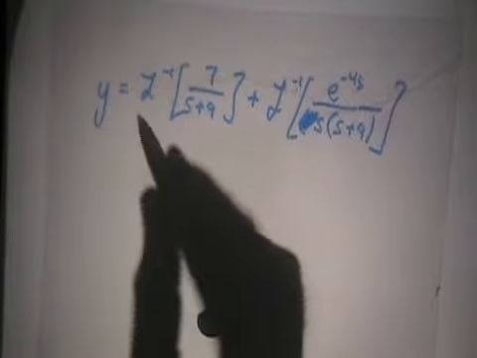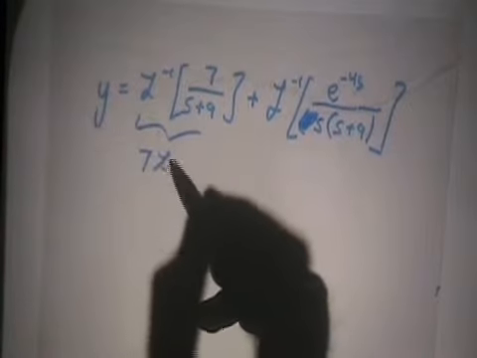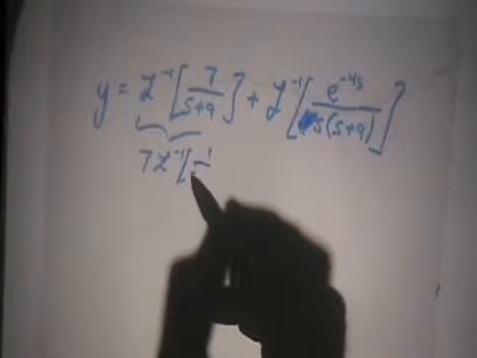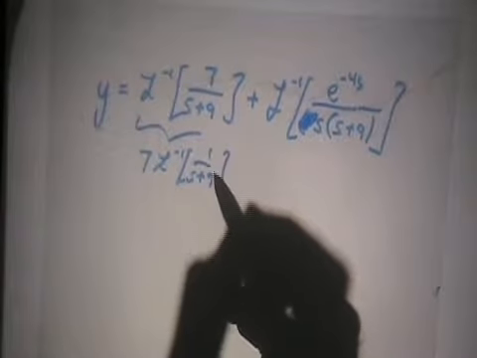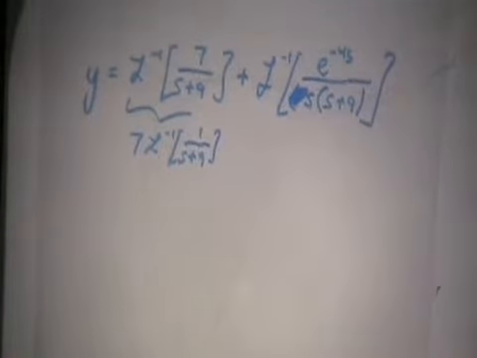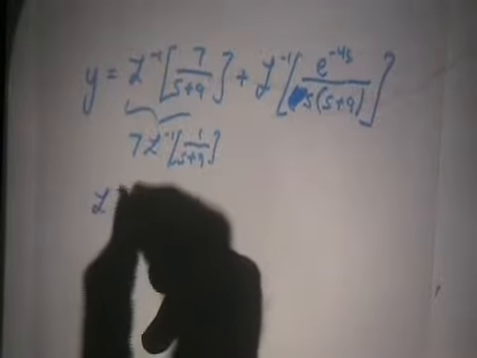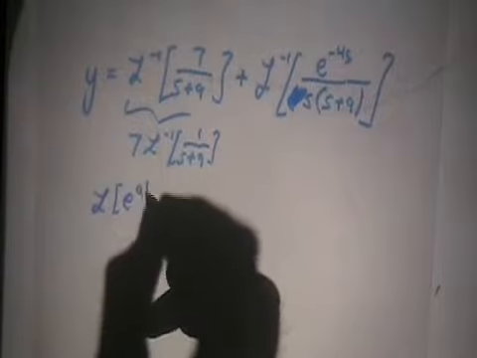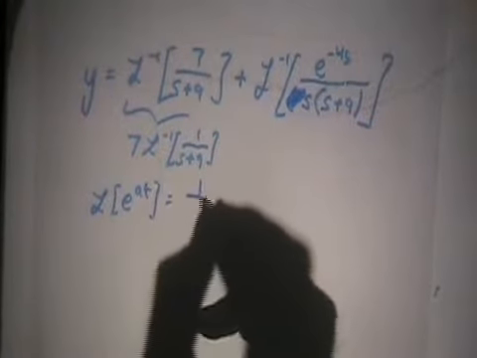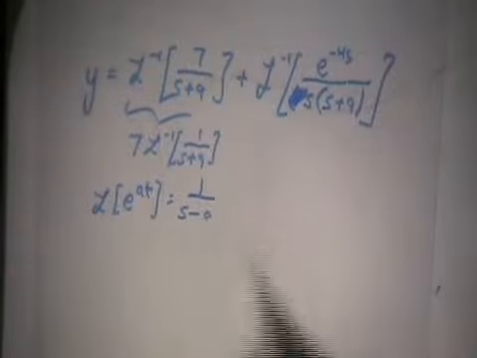This one's not hard to do. I can pull out the 7, and then I need to recall what the inverse Laplace transform of 1 over s plus 9 is. That's based on the preceding video. We need to recall that the Laplace transform of e to the at was 1 over s minus a.